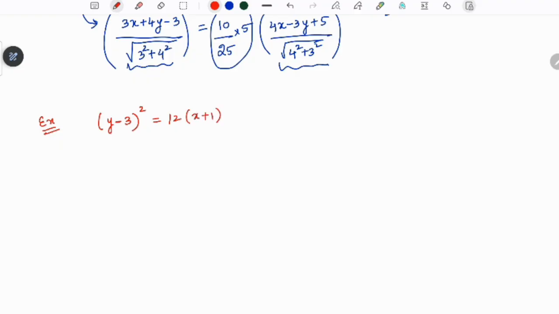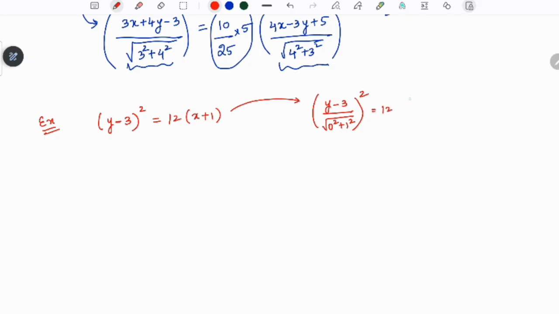For this parabola, we have to find the focus, directrix, foot of directrix, all the other things, right? First, write this in perpendicular distance form. Then half the headache will be gone. Y - 3, you have to divide by root of x coefficient square plus y coefficient square, basically 1. Dividing by 1, so no change.